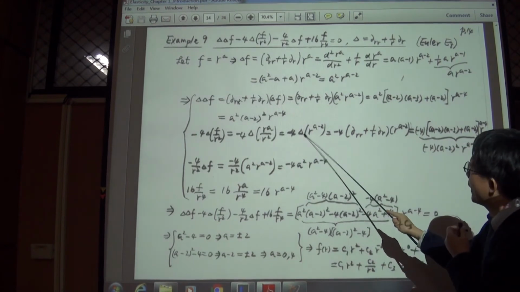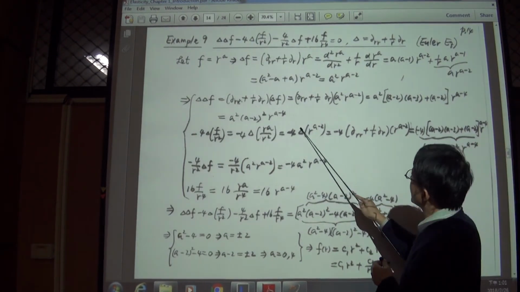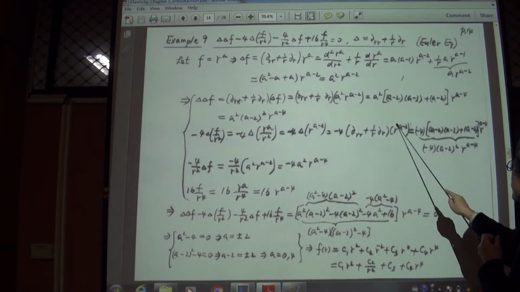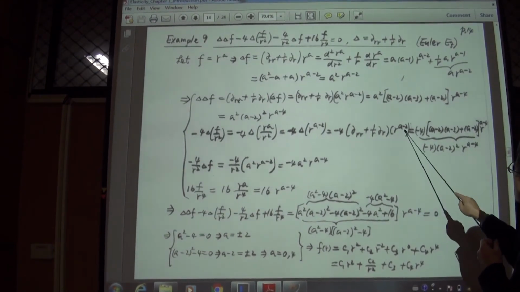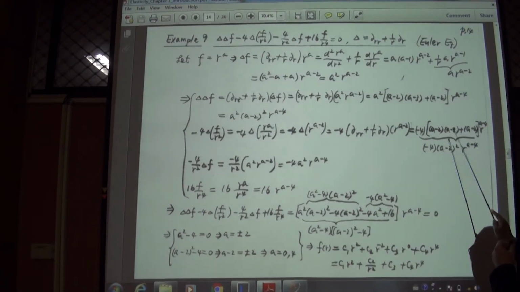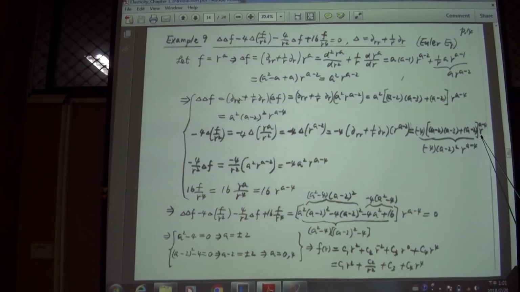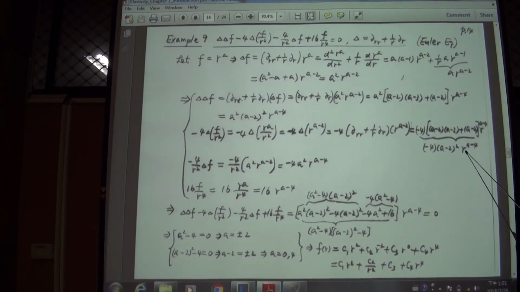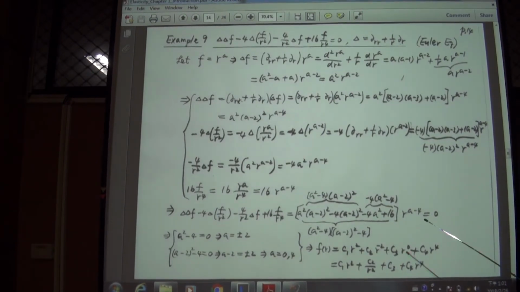And then the Laplacian turns into this form. Then we differentiate this term twice to get this one, and this one to get this one. After grouping the terms, we get minus 4a (a minus 2) squared r^(a minus 4).